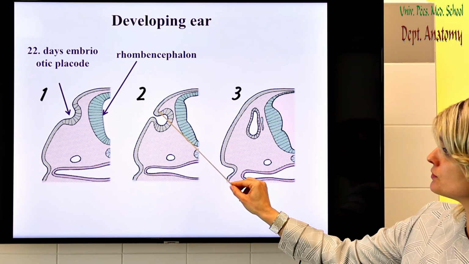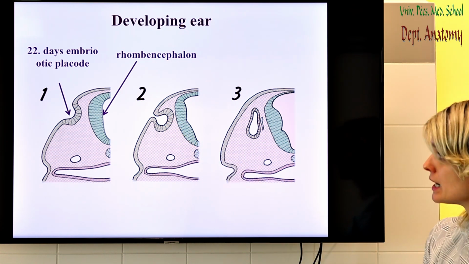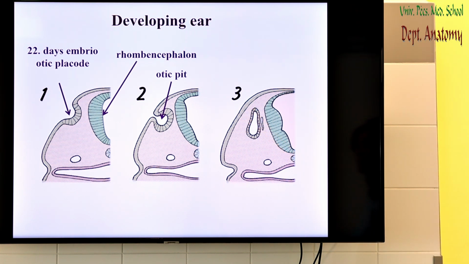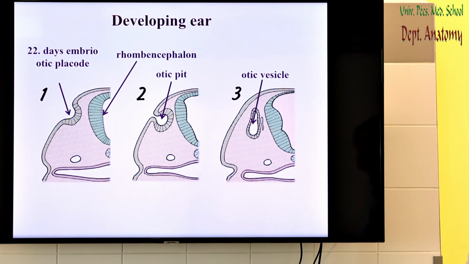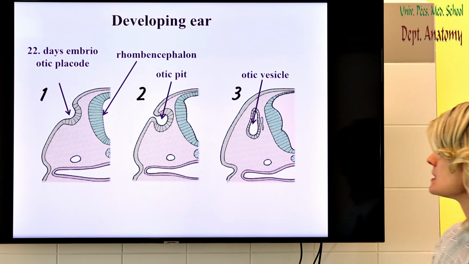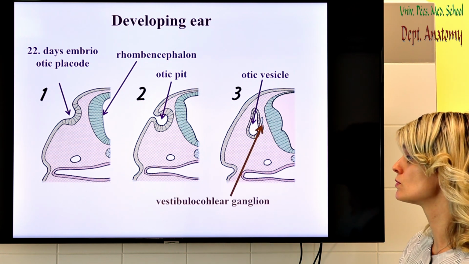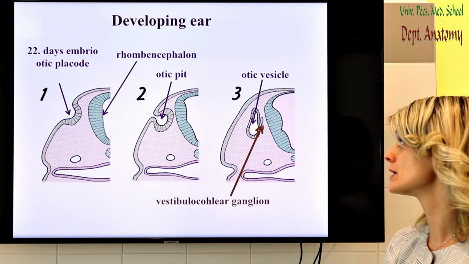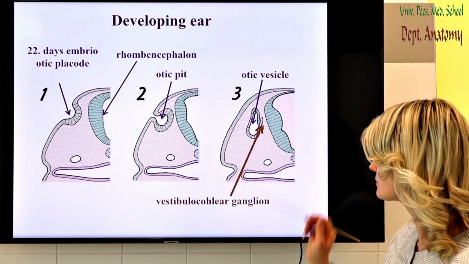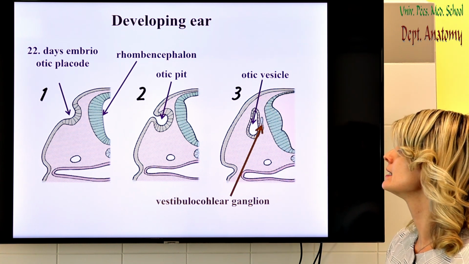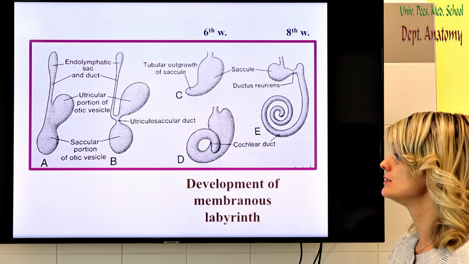After that you can see the invagination of this otic placode into the deeper part, called the otic pit. Finally it will form the vesicle when it loses the connection with the surface. Next to the otic vesicle will be the vestibulocochlear ganglion, or the ganglia which originate from the neural crest.